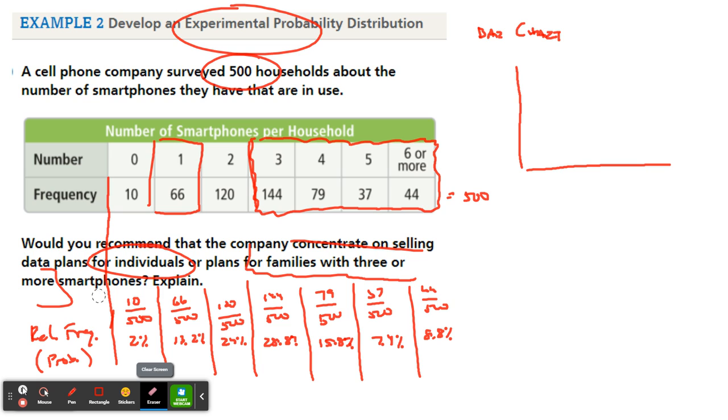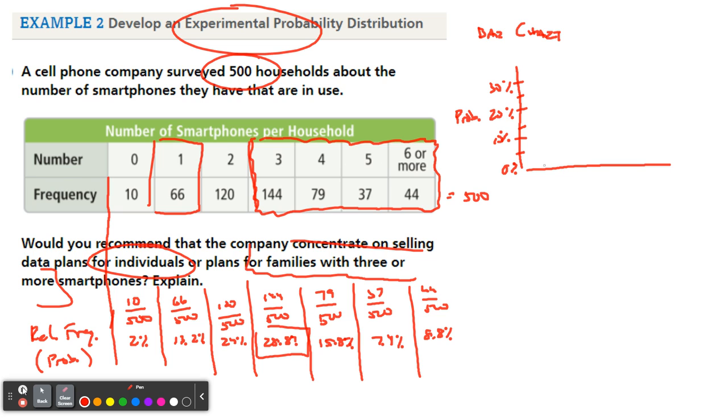Now when you do probabilities, you can write them as decimals or percentages. So we're going to use the percentage today. Notice that my highest number is 28.8. So I'm going to start at 0% and go up to 30 by 10. So there's 10%, 20%, and 30%. And I'll put the little dashes in between for my 5s. Now here, I need to have 1, 2, 3, 4, 5, 6, 7 bars, right?